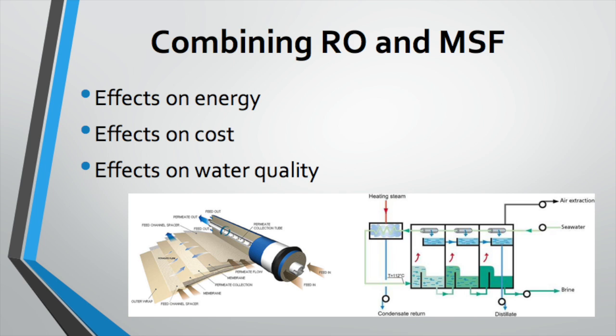As discussed earlier, the multi-stage flash distillation method requires significantly more energy than reverse osmosis in the form of heat for vaporization, but the total dissolved solids in the product water for multi-stage flash distillation is less than 50 parts per million. The total dissolved solids for reverse osmosis is around 500 parts per million and is not preferred for cost reasons.